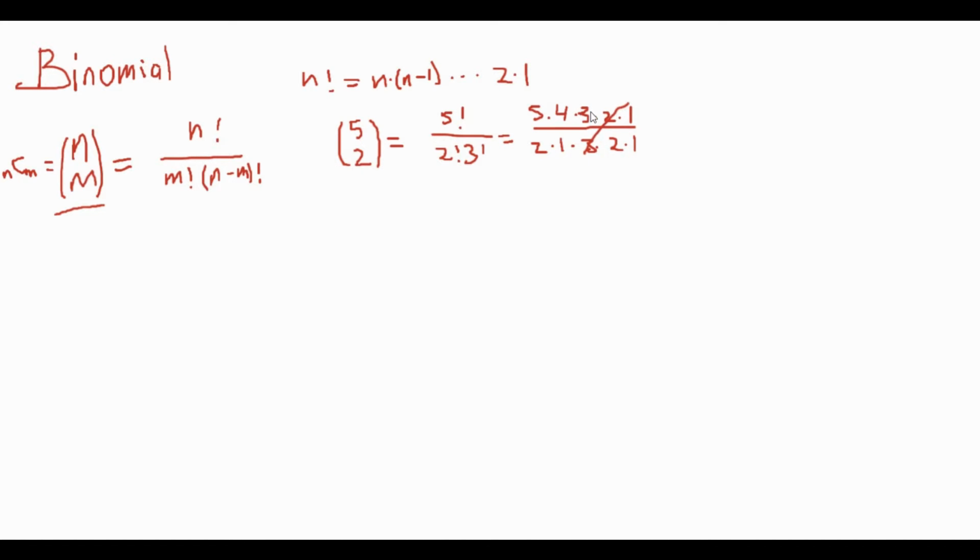And you see that this stuff all cancels out. And now you have 5 times 4 over 2. But 5 times 4 is just 20, and divided by 2 is just 10. So this is 10.